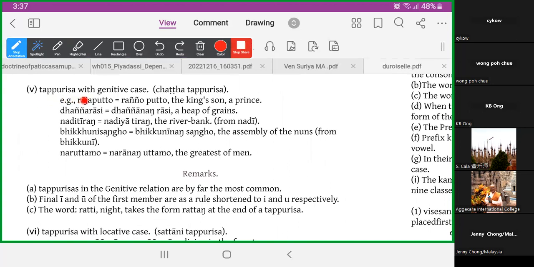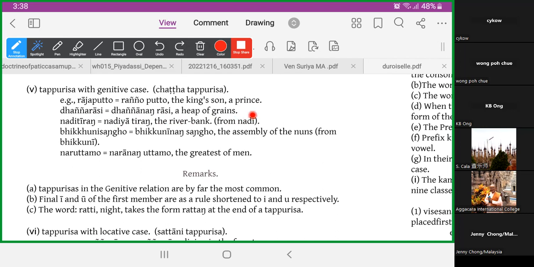Tappurisa with genitive case, Chattha Tappurisa. For example, Raja Puto, Ranyo Puto, the king's son, a prince. Danya Rasi, Danyanam Rasi, a heap of grains.